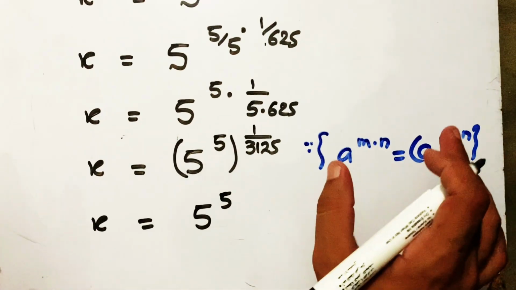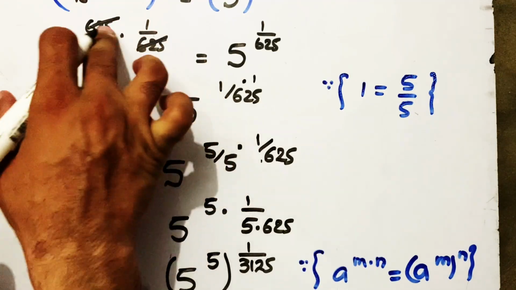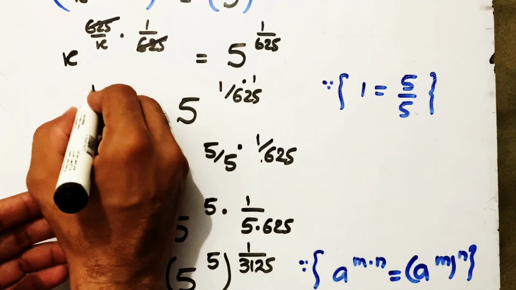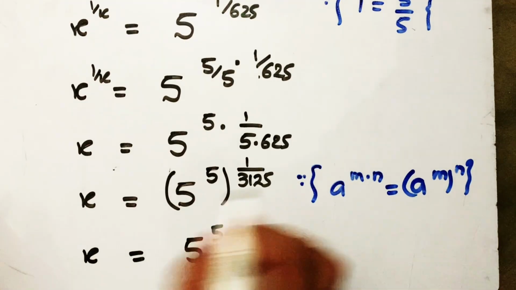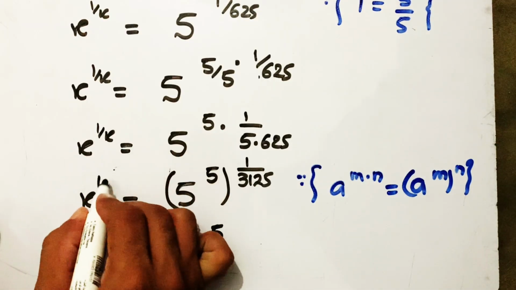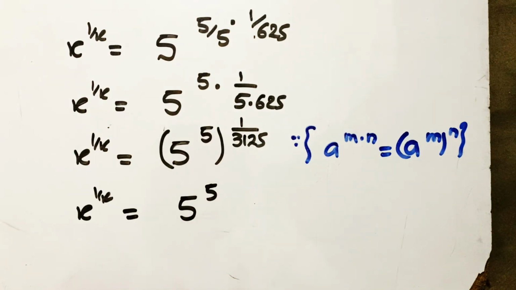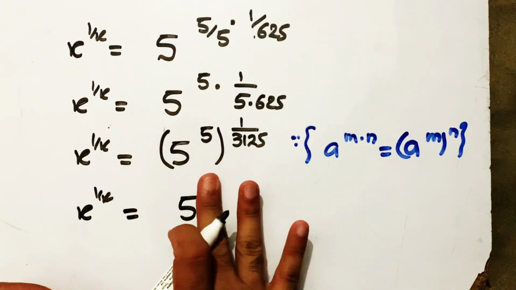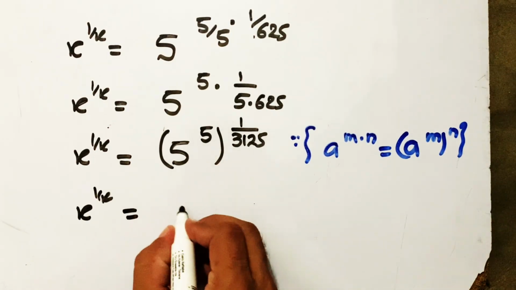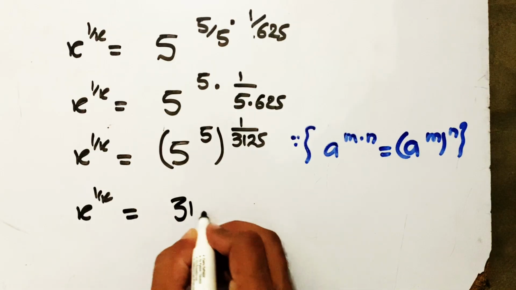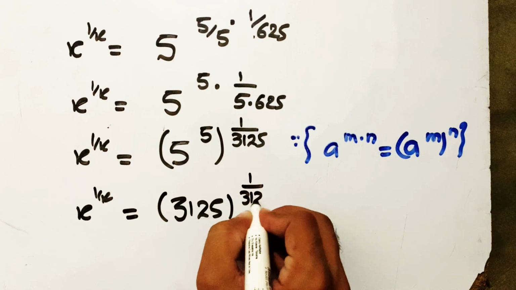Wait a second, we got a mistake here, because the power 625 is cancelled, and we got 1 divided by x and 1 divided by x. All of the powers are the same. So 5 to the power of 5 equals 3125, whole power 1 divided by 3125.